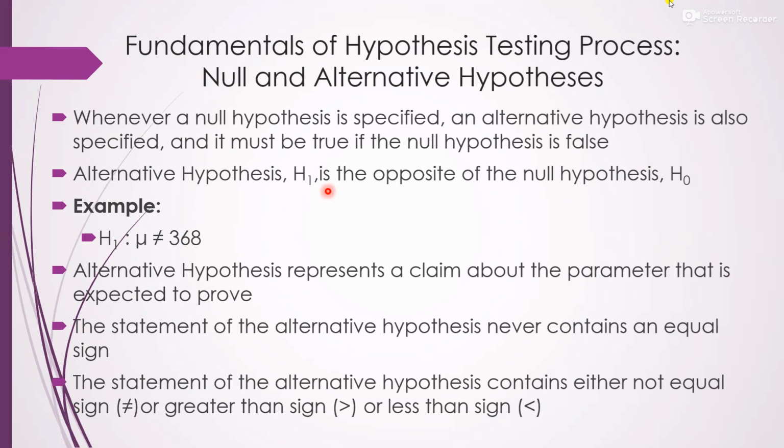There are three possibilities: not equal sign, greater than sign or less than sign. What will be the appropriate sign? You have to decide based on the given scenario. According to what we want to prove, the sign will be decided, whether it is a not equal sign, greater than sign or less than sign.